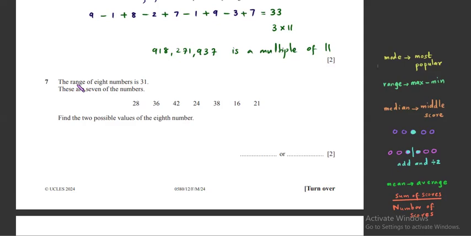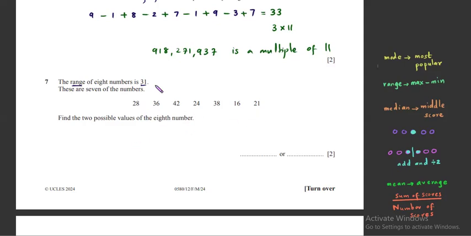We are given the range as 31. The range is the difference between the largest and the smallest number, that is the maximum and the minimum number. Now the eighth number is not given, but let's assume that the eighth number is going to be the largest number out of these numbers.